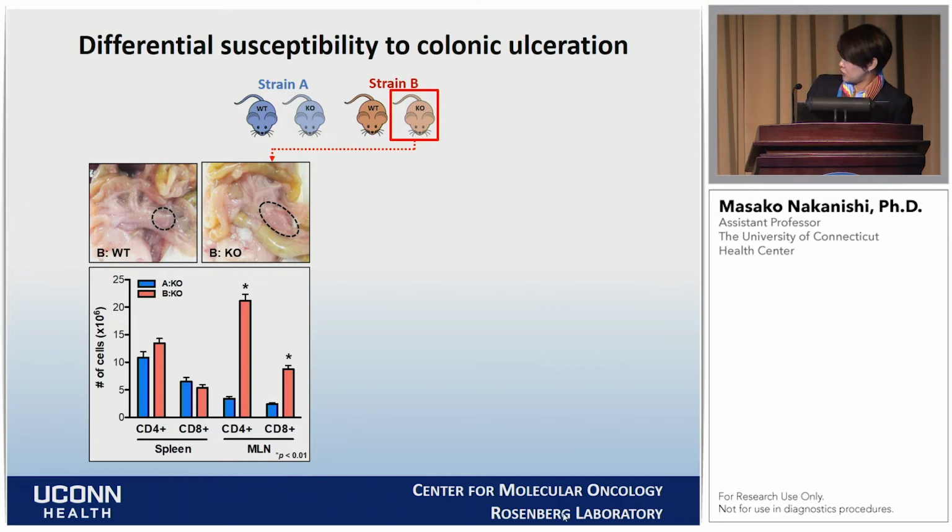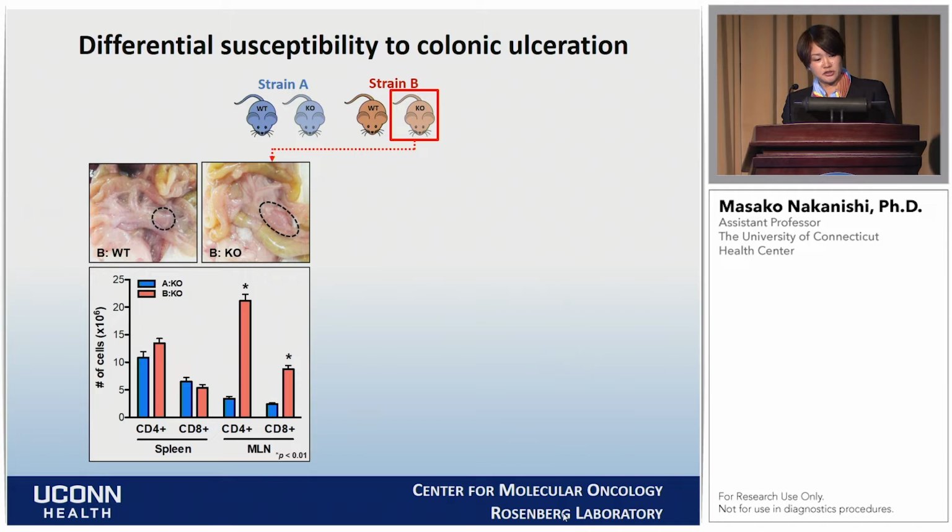And when we do the FACS analysis for CD4 positive and CD8 positive cells and compare with the spleen, we find that those cell types were significantly increased only in the MLN, but not in the spleen, suggesting that this inflammation is not systemic, but very localized to the colon.